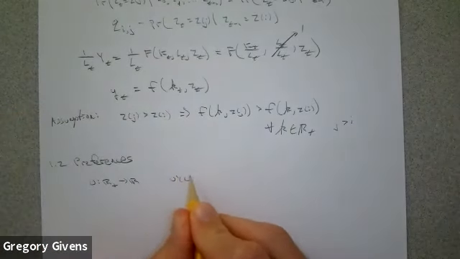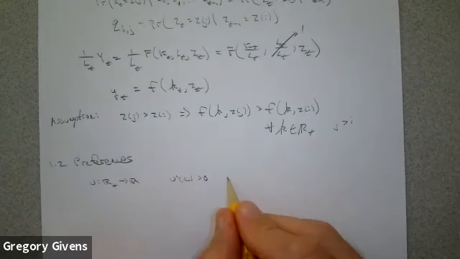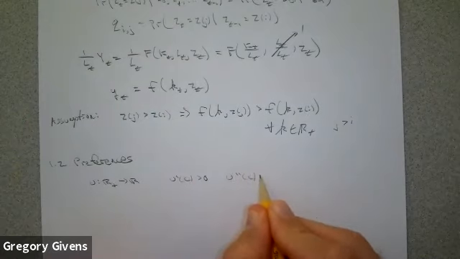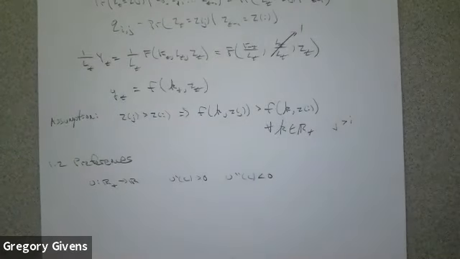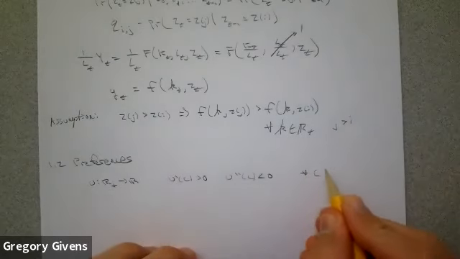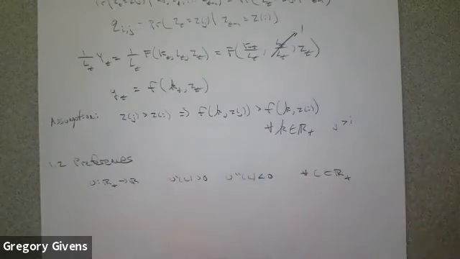The marginal utility of consumption is positive, and it is strictly decreasing. So utility exhibits diminishing returns to consumption for all C in the positive reals.